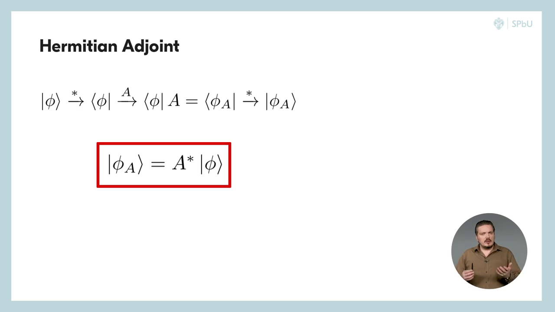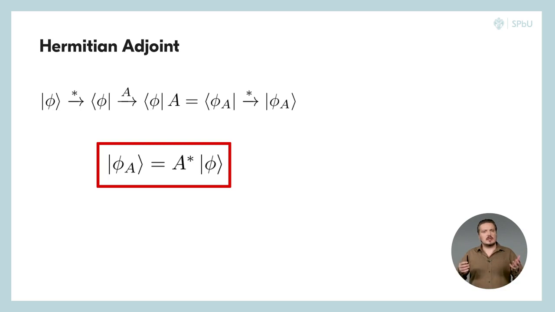Again, if we reflect on this question a bit, we will notice that the ket phi A is uniquely defined by the ket phi and the operator A. In other words, we just defined a way of constructing one vector from another, vector phi A from vector phi, for example. And the way of constructing one vector from another is an operator, remember? Operators transform vectors to vectors, and it is exactly what we just did.